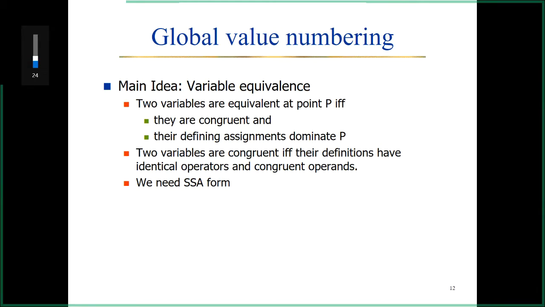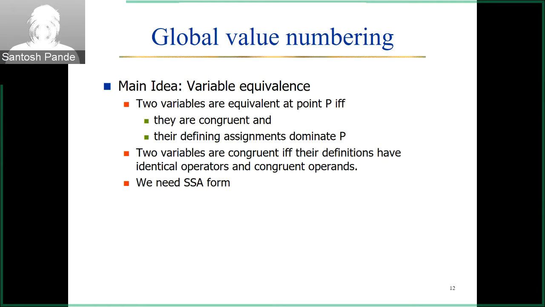I'm going to explain that a little bit using the whiteboard again. I wish this was more in person, but anyhow, we do have an electronic whiteboard here. So focus on this: identical operators and congruent operands. These are the keywords you should remember. And we will do so using the SSA format.